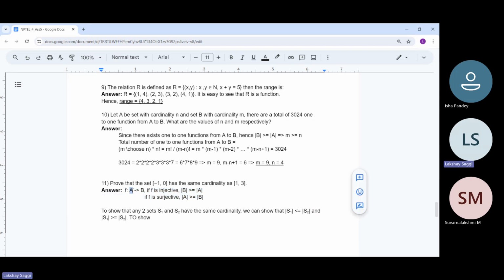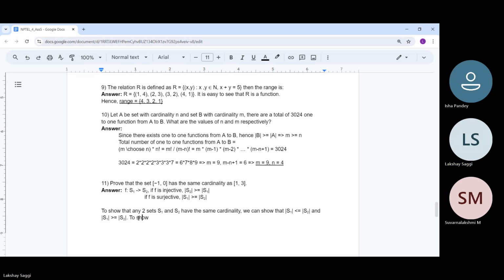So maybe I should just replace it by S1 and S2. I hope this is clear. I just replaced A and B by S1 and S2. And now, if we need to show that two sets S1 and S2 have the same cardinality, we can show that S1 is less than or equal to S2 and S1 is greater than or equal to S2.